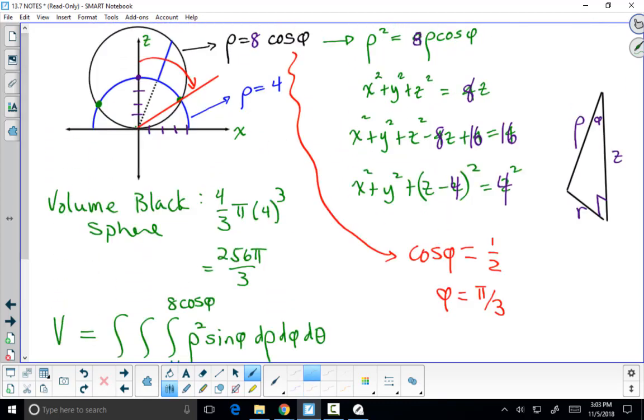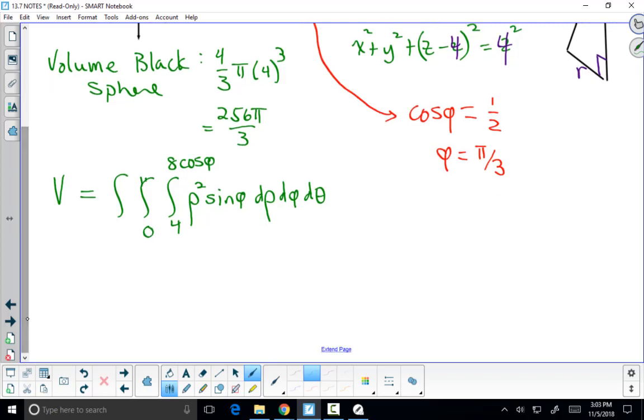So phi goes 0 to pi over 3. Theta goes 0 to 2 pi. So that is the volume of the complementary solid, whatever we want to call it. We'll call it VC, volume of the complement.